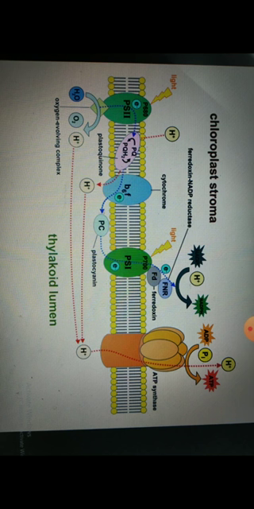The site where oxygen is evolved at photosystem 2 is known as the oxygen evolving complex. The protons released by this photolysis of water stay in the thylakoid lumen.